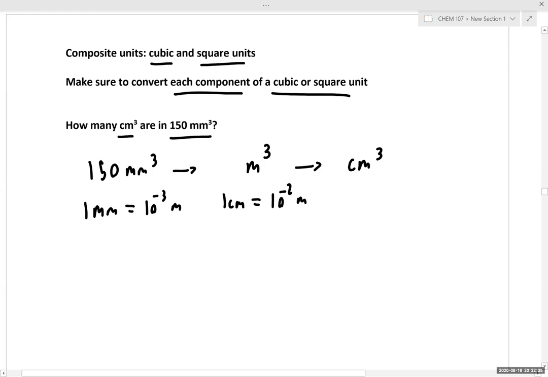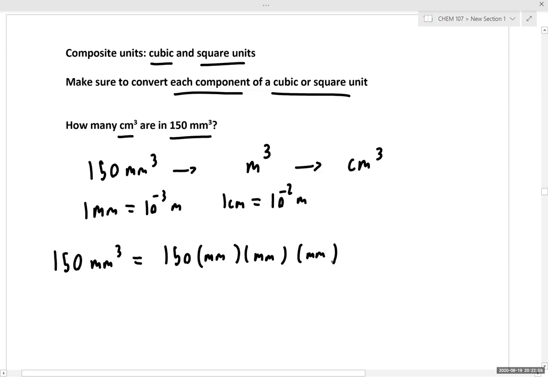Wonderful. Okay, we have our conversion factors established. We have our equalities established. Now we're going to start to try to convert. And I'm going to write this millimeters cubed in its expanded form, which is 150 millimeters times millimeters times millimeters.